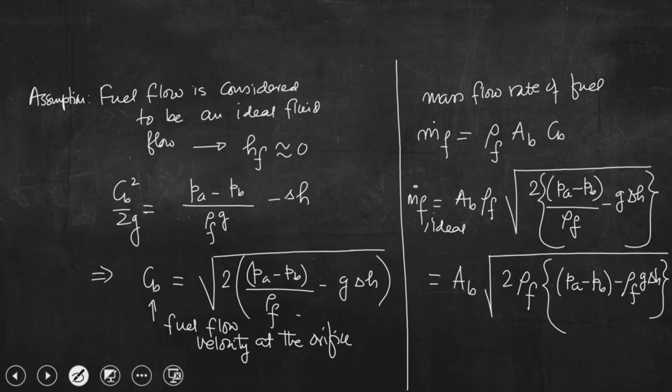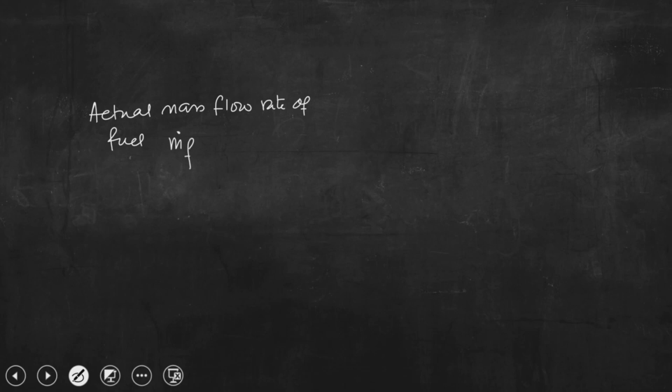So, that means if we write the actual mass flow rate of fuel, m dot f actual would be equal to CDF into m dot fuel ideal.